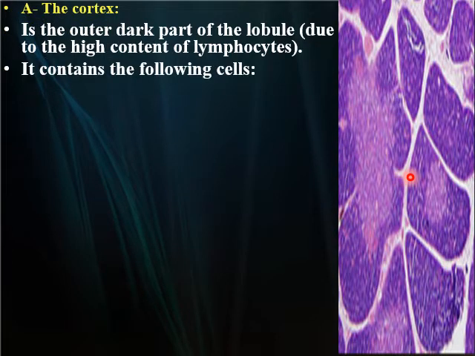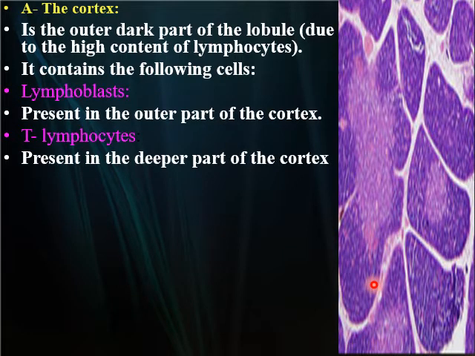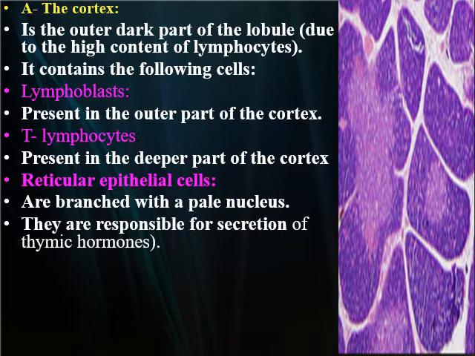So what are the contents of the cortex? Lymphoblasts, present in the outer parts of the cortex. T lymphocytes, which are developed lymphoblasts, are present deeper in the cortex. Then they will go to the medulla.